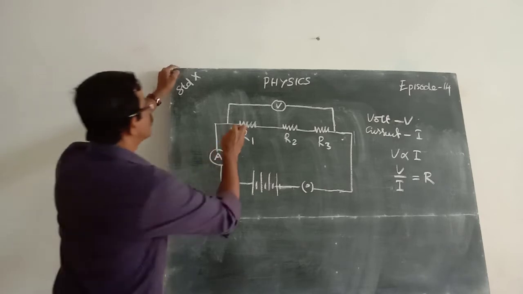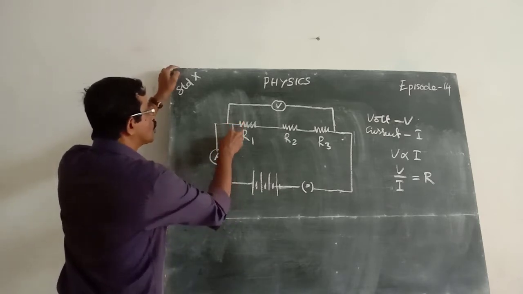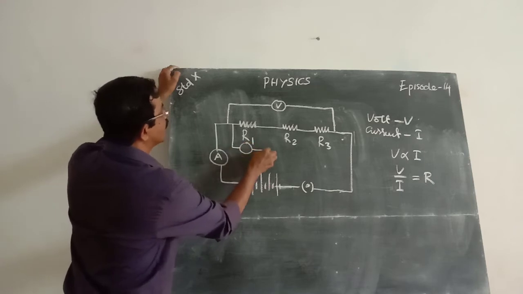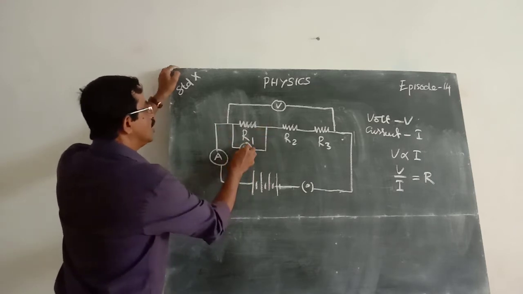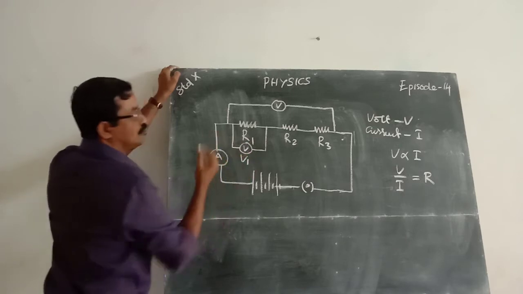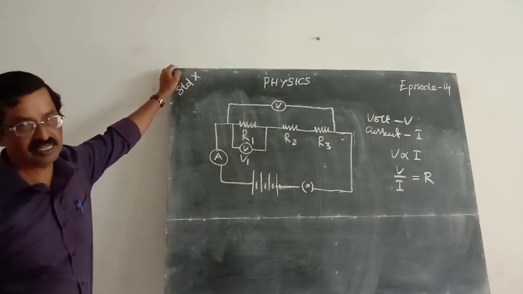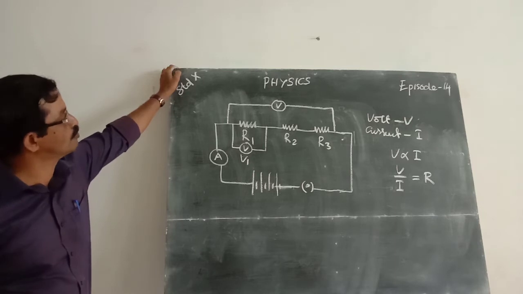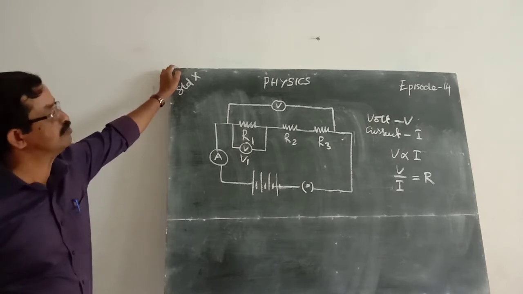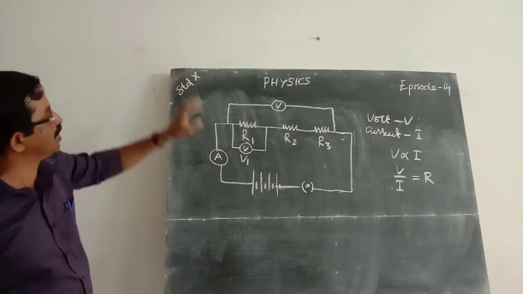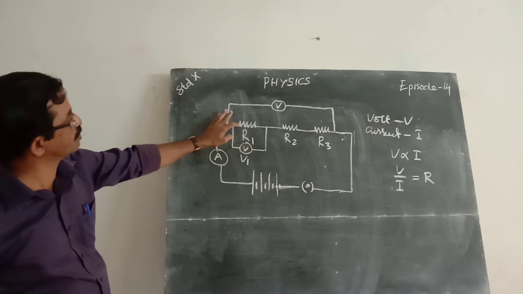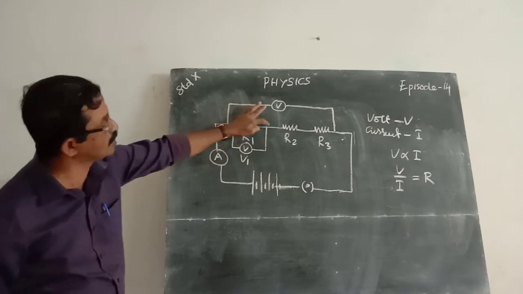Now to find potential difference across R1, we connect a voltmeter here. When we connect the voltmeter, it shows a potential of V1. V1 is the potential difference across this R1.